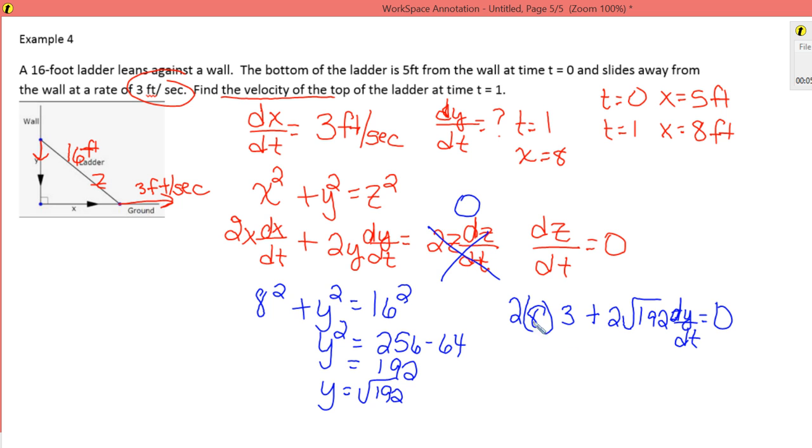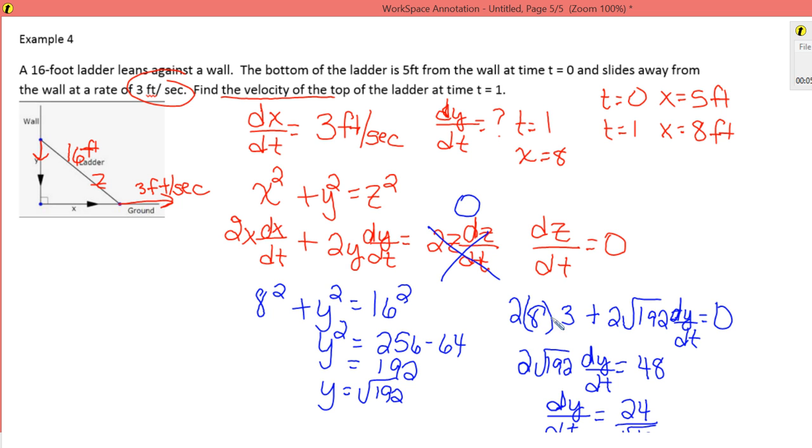So I'm solving for dy/dt, so I'm going to subtract this quantity from both sides. This would be 2 times 8 times 3, which is 48. So 2 square root of 192 dy/dt is equal to negative 48. So dy/dt is equal to negative 24 over the square root of 192.